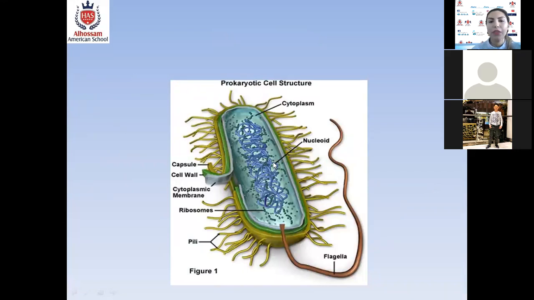And this is the structure of bacteria. You can see here the flagella. They use flagella for movement. The cell consists of a cell wall on the outside, and this form is called a capsule.